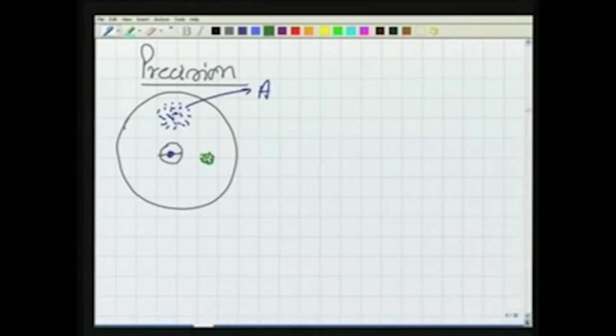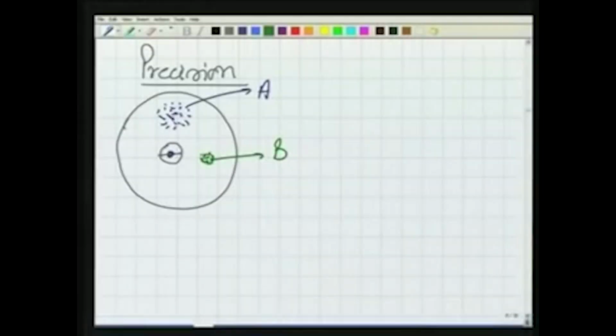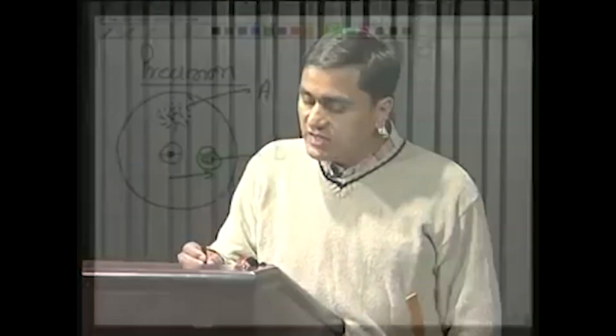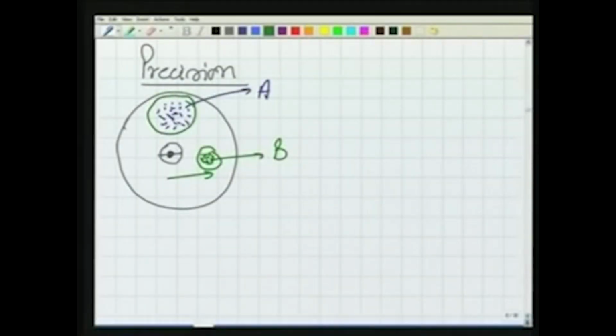Well, what would you like to say about person A and person B? Who is the better firer? Who has got better aim? Despite there being some systematic error, maybe your barrel is slightly tilted, though you are targeting the bullseye, all your bullets are being fired here, slightly swayed. But this person has all his bullets very close to each other, while this person has his bullets in a wide spread.